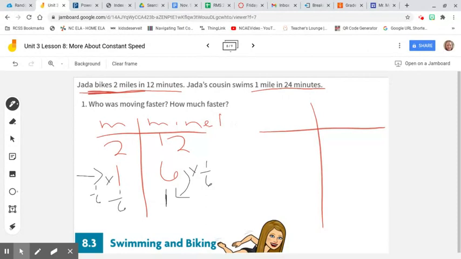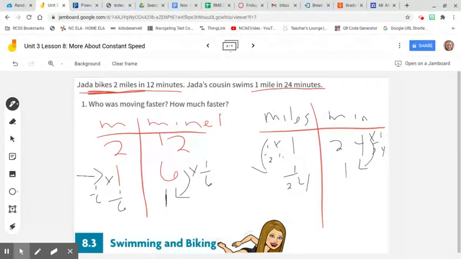The same thing over here for the miles and the minutes. 1 mile in 24 minutes. Well, how far can she go in 1 minute? So how do we go from 24 to 1? Well, we multiply by 1/24. Okay, so we have to multiply the 1 times 1/24, which gives us 1/24.